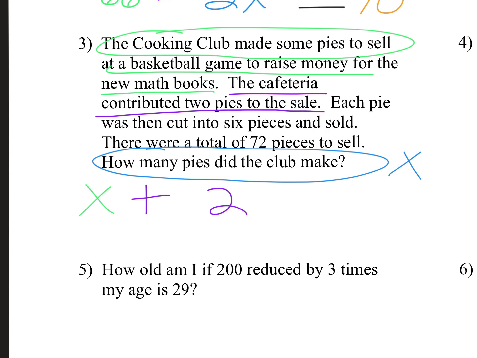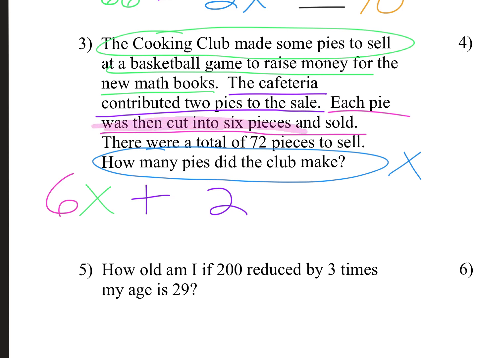Each pie was cut into 6 pieces and sold. So that means that however many the cooking club made, we need to multiply that by 6, because each pie was cut into 6 pieces.